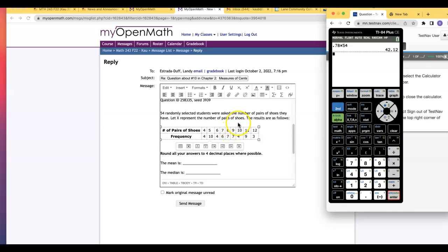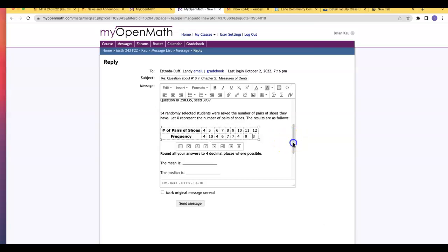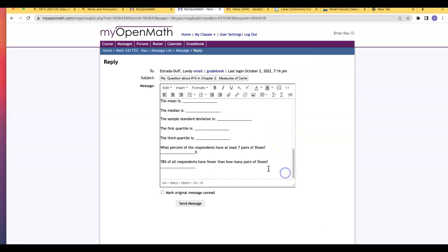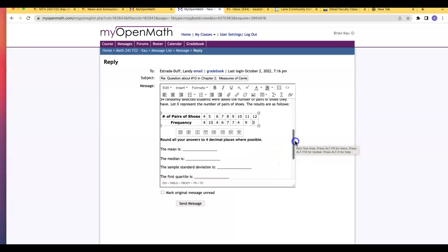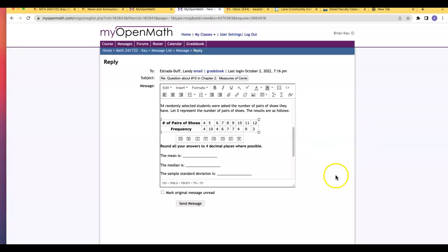If there's 54 and we want to go back to 42, well, we go up to 42, so that's 14, and then there's 24, and then there's another 14. So 24 and 14 is 38. 38 and 4 is 42, so it's going to be between 10 and 11 for the 42nd and 43rd number. So they would have fewer than 10 pairs on that one.